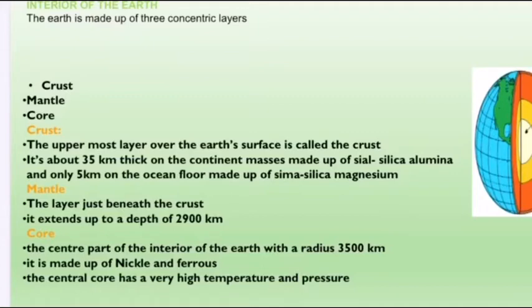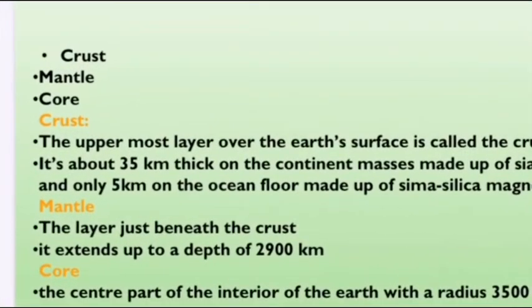Only 5 km of the ocean floor is made up of silica and magnesium. Those are the minerals found on the continental mass and the ocean floor. Where the sea is, that is called the ocean floor.